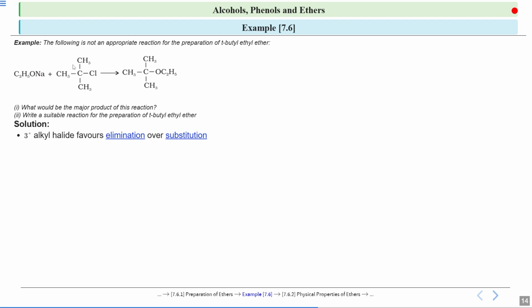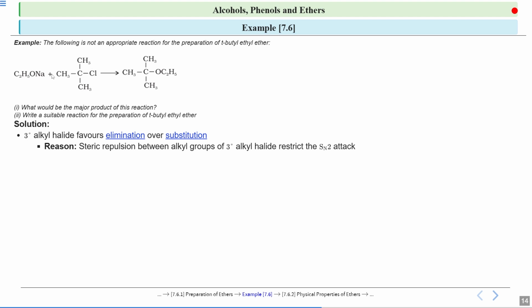When there is a tertiary alkyl halide, we prefer elimination over substitution. That means an elimination reaction happens here. If you remember, an alkene is formed in this case, not an ether. Because if this oxygen attacks this carbon, there are 3 methyl groups over here, so steric repulsion comes into the picture.